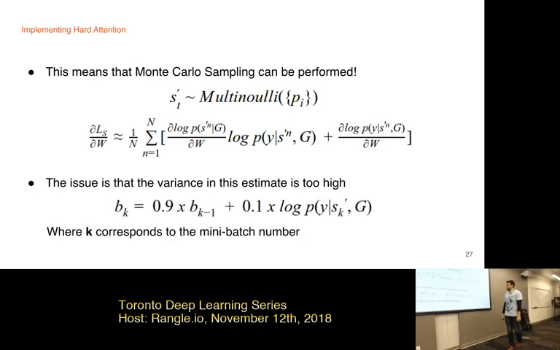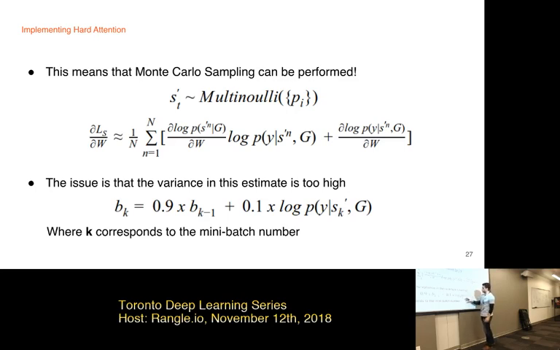So in order to counteract that issue, we take some sort of a bias value from the previous mini batch, multiply that by 0.9, and then we add the log probability of the caption given the sampled grid location and the feature map.